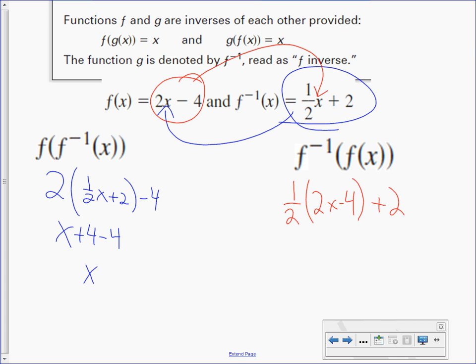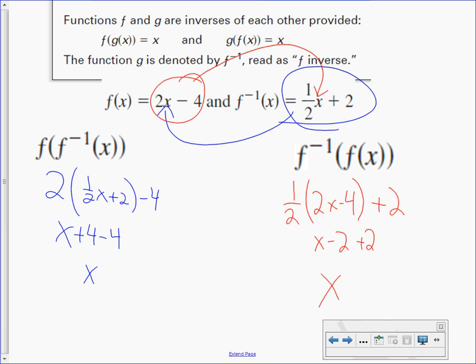Simplify once again. Did you get the same answer? Is that answer x? That means that those are, in fact, inverses of one another.